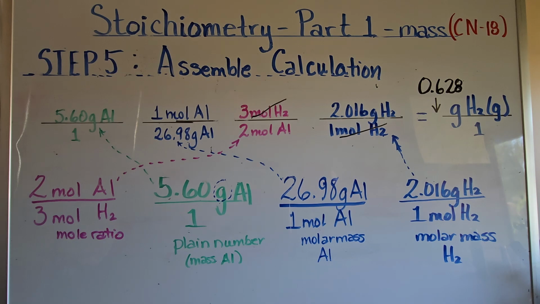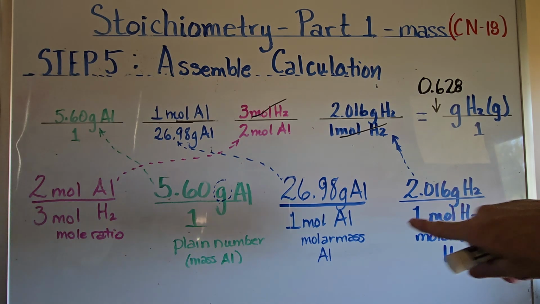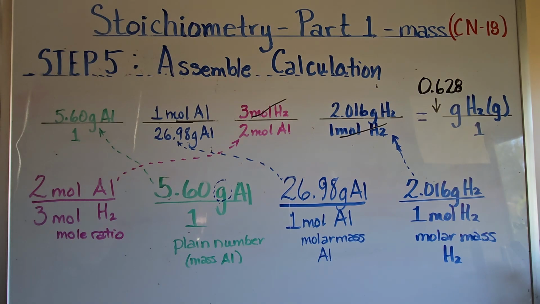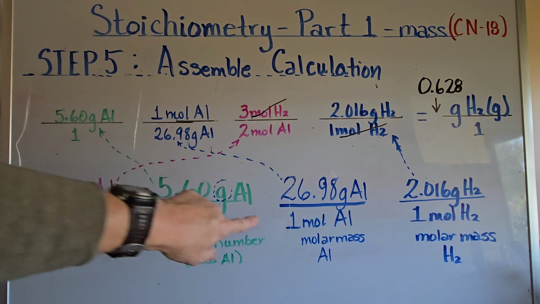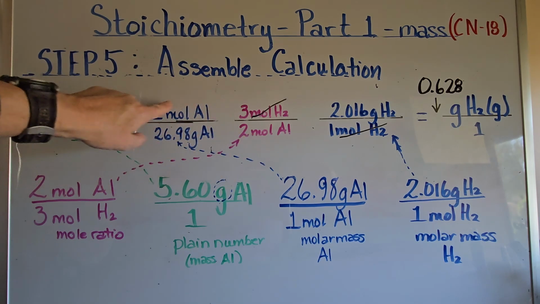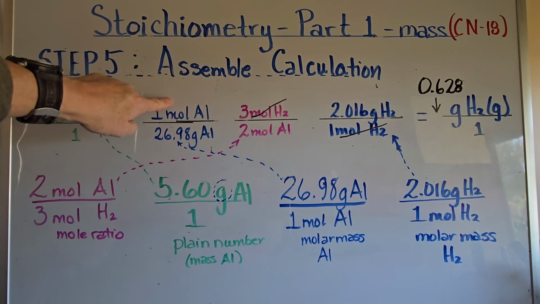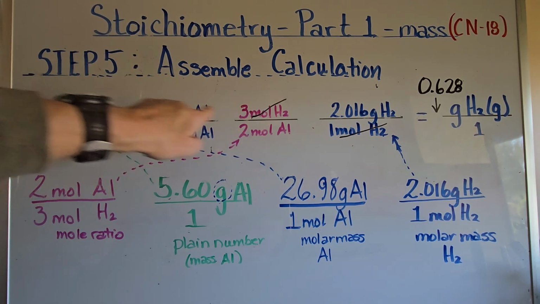Remember, all of our unit factors have a partner, and the partner has to come along. Well, now I have to find another unit factor which has moles of aluminum in it. Well, I have my molar mass of aluminum. It has moles of aluminum in it. I need to get rid of it, so I need to have the moles of aluminum now in the top for my next unit factor so that they can cancel.